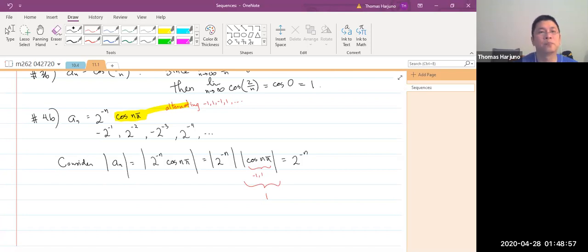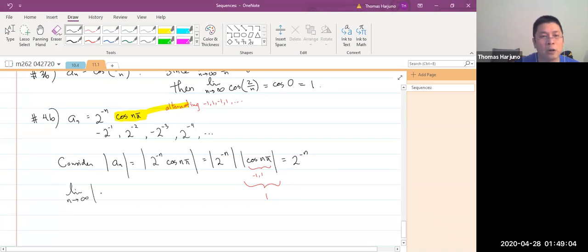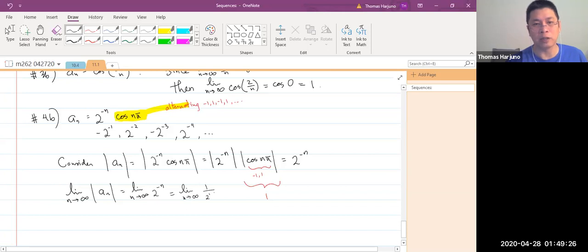So then we say the limit as n goes to infinity of the absolute value of a sub n equals the limit as n goes to infinity of 2 to the negative n. What is that equal to? If you cannot see it well, you can rewrite it in a way that you can see better.